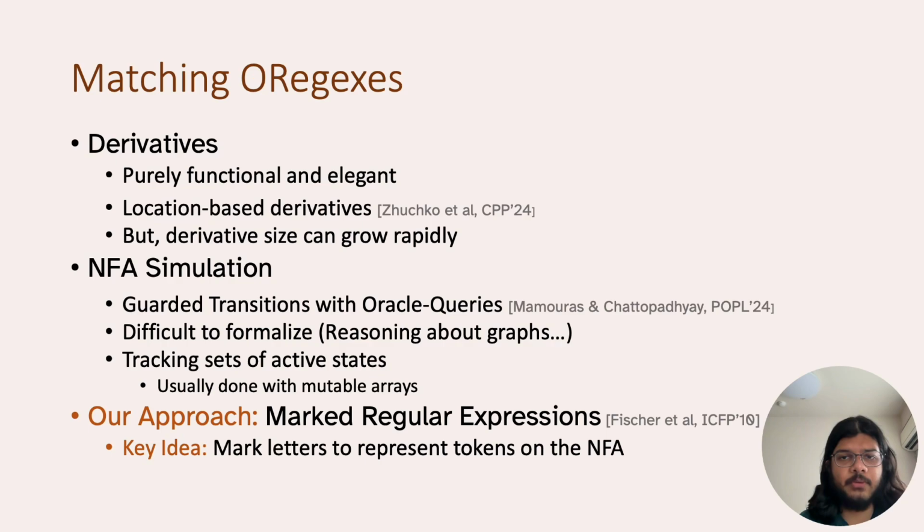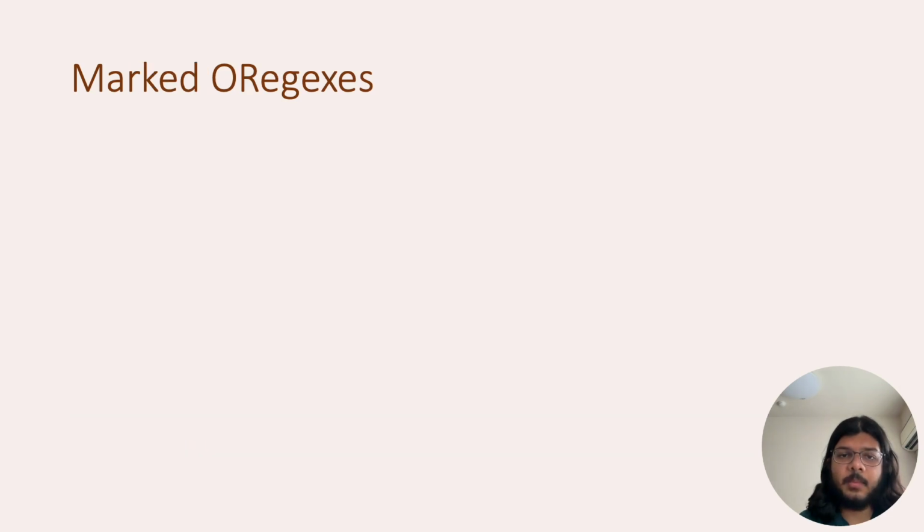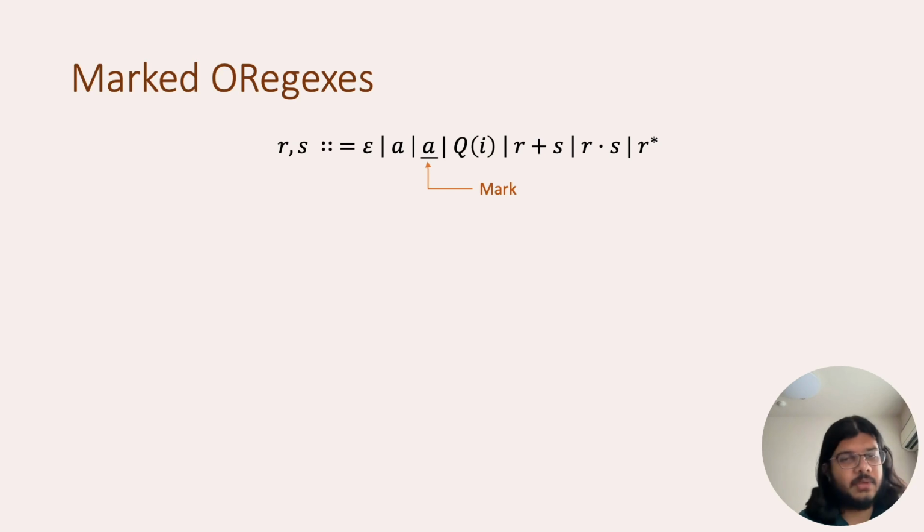This is a structured way to represent an NFA together with its active states. Instead of representing the NFA using a separate graph, we use the AST of the regular expression itself. A marked O regex is similar to an O regex, except that it may contain marked letters. Notice that we do not allow marks on the oracle queries.